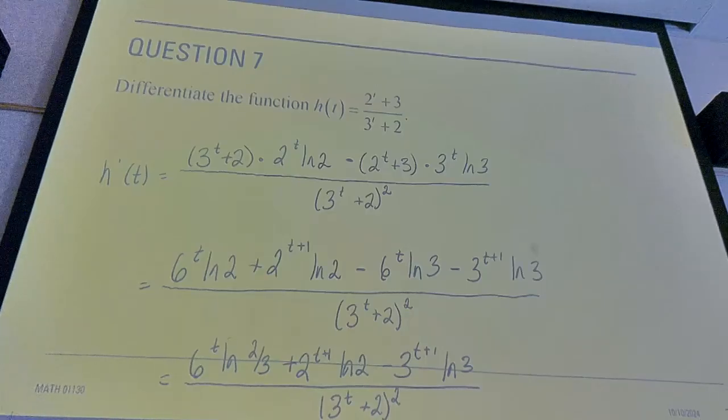Factor 6 to the t out, you're left with log 2 minus log 3. Law of log says that is log of 2/3. So again, that's now a matter of preference. I personally don't like that form, simply because it makes it look like it's a complex fraction. So I'd stick with that.